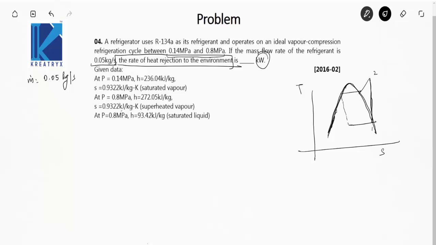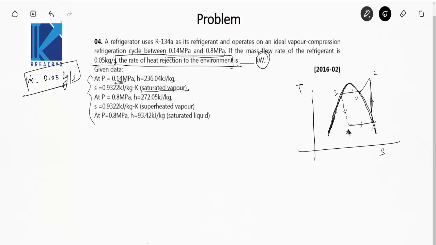So 1, 2, this is 2-3, 4. The data which has been given is m dot 0.05 kilogram per second, and this data is given that at pressure 0.14 megapascal, enthalpy of saturated vapor is given and entropy of saturated vapor is given.